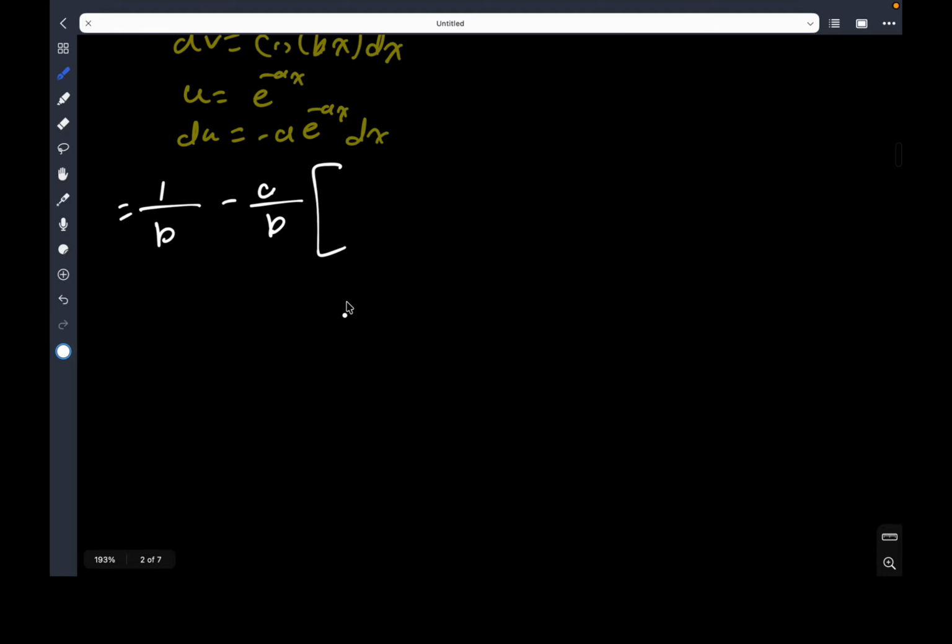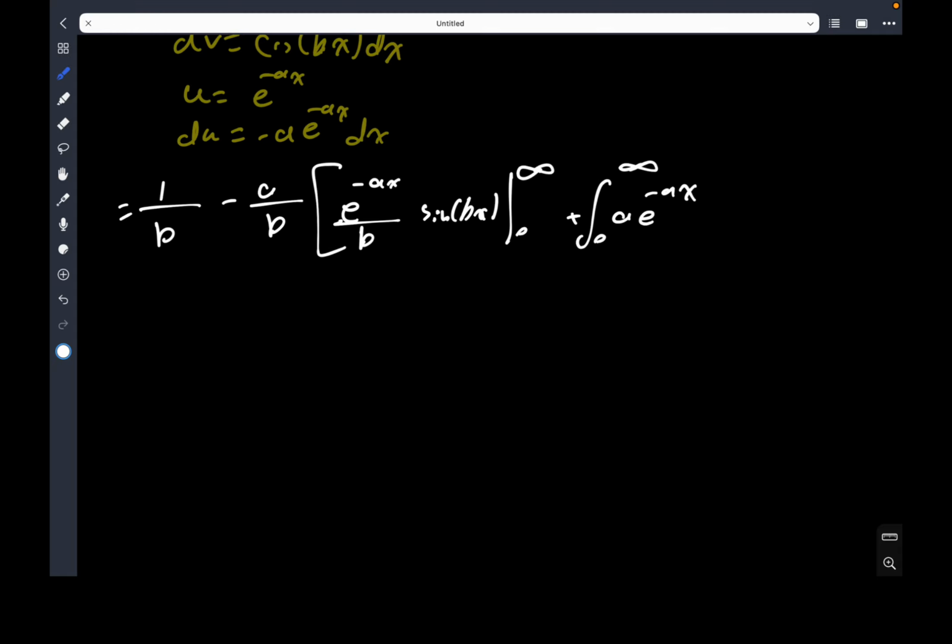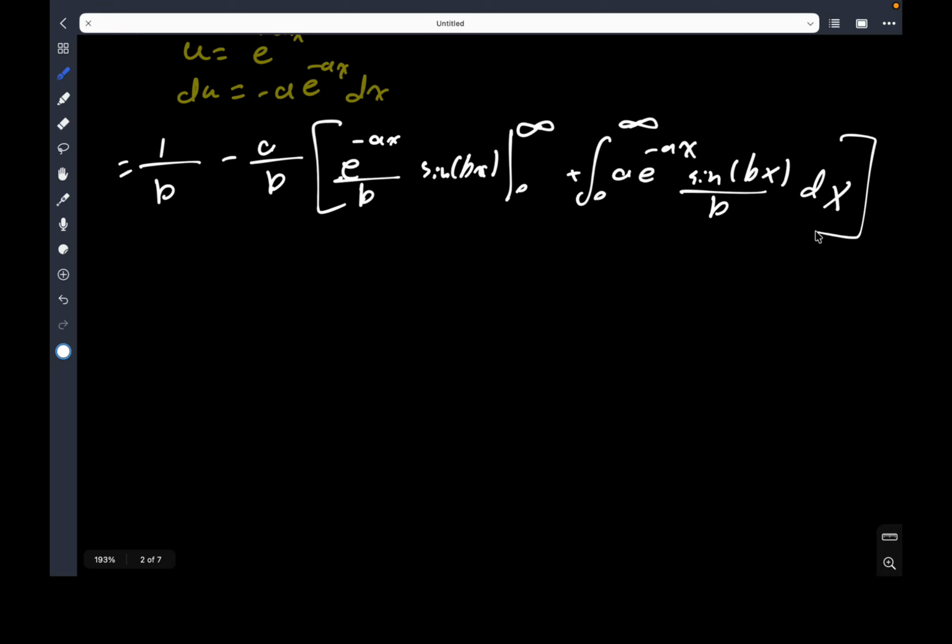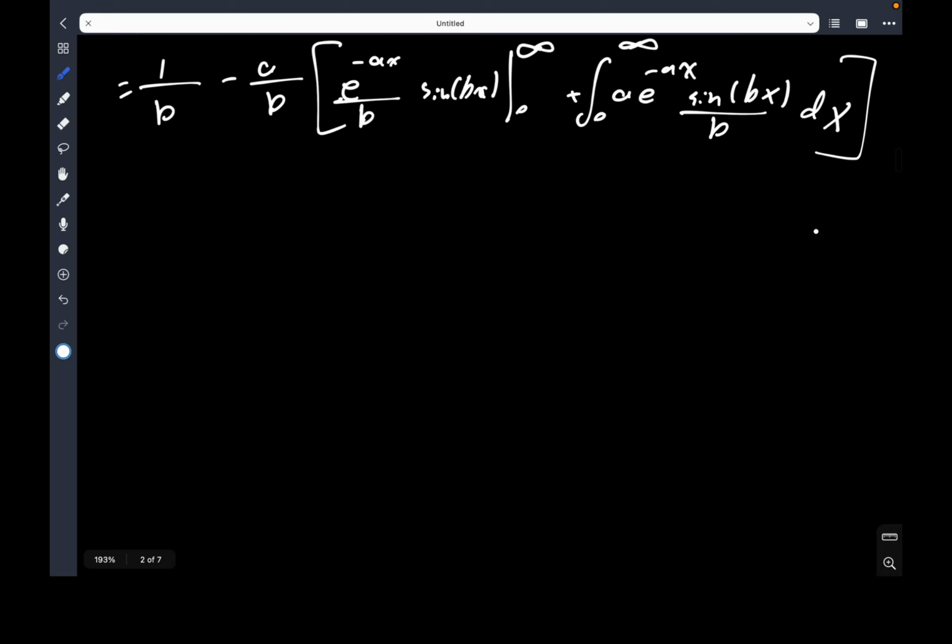It is going to be a limit e to the negative ax over b sine bx, the integral from 0 to infinity, plus the integral from 0 to infinity of a e to the negative ax sine bx divided by b dx, which is going to be 1 over b minus a over b.